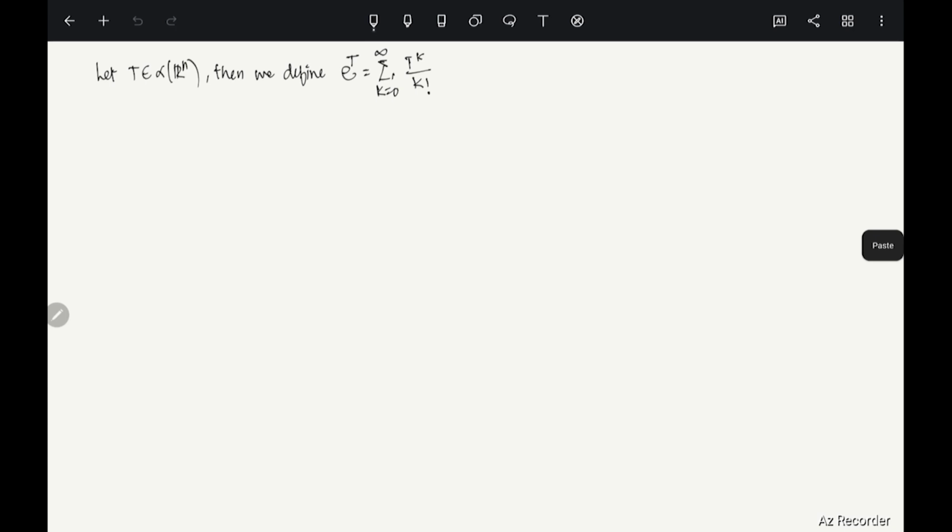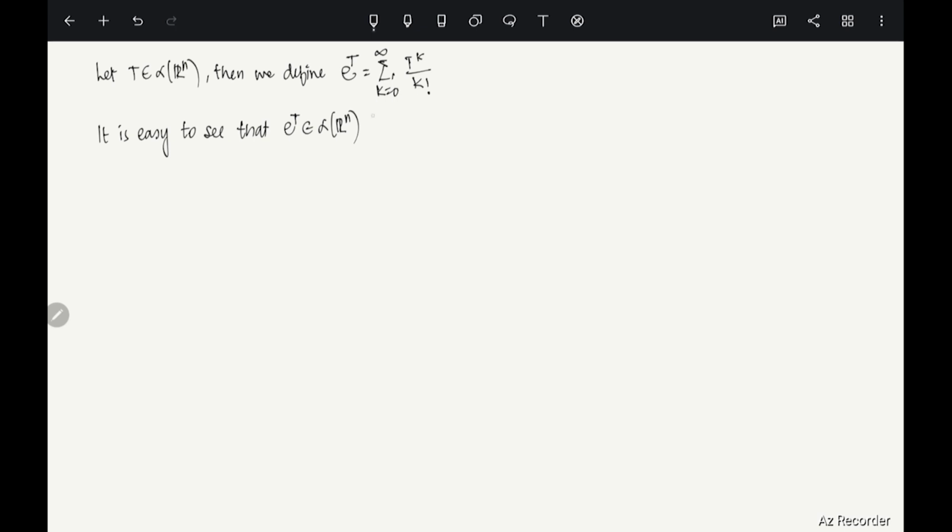Now you see, of course, you can use the properties of limit to show, it is easy to see, that e power t is a linear operator on Rn. This is just a property of limit.